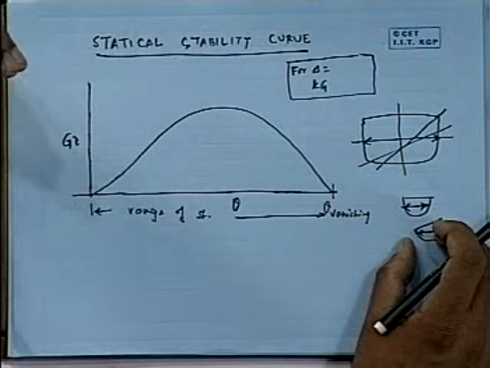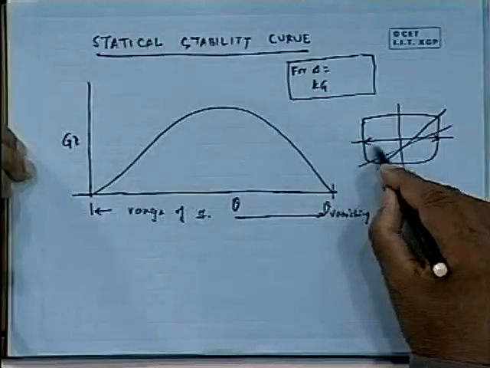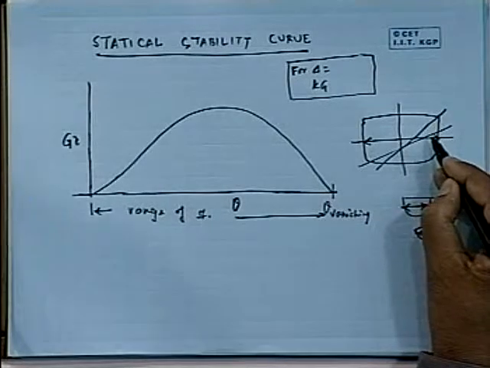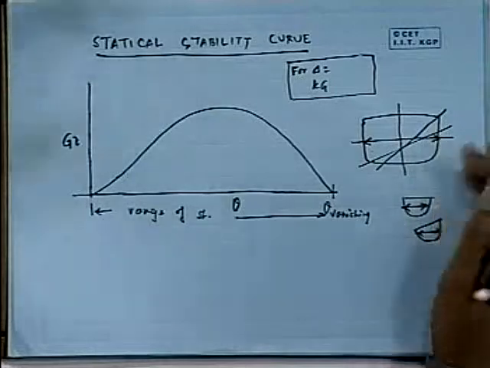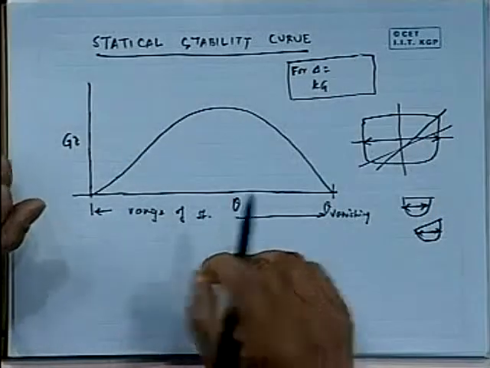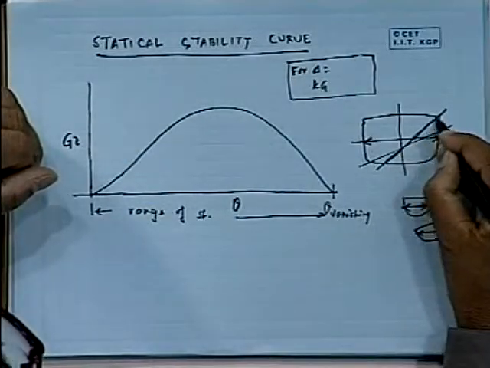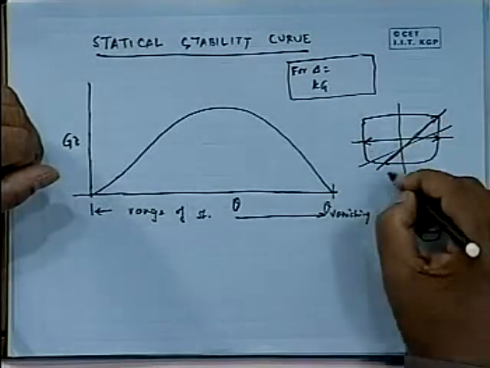This is a very rough explanation, because as the ship tilts, the waterplane area increases, and you would expect a larger restoring moment, because the restoring moment is in proportion to I of that waterplane area about some line through this.